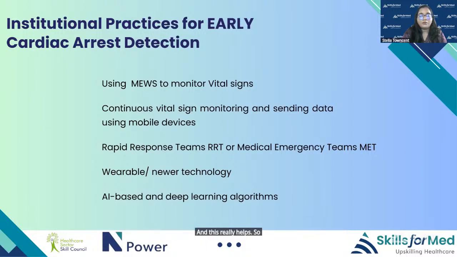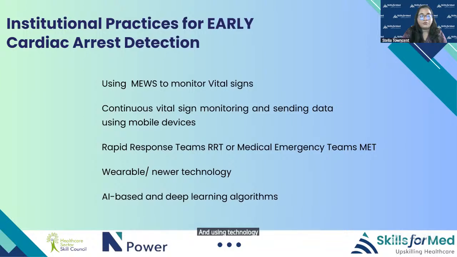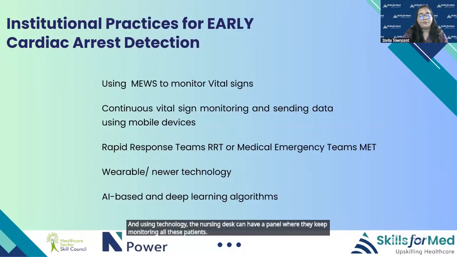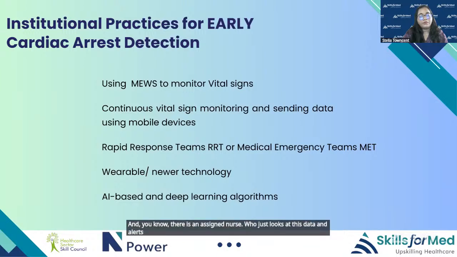By incorporating the modified early warning score into these systems and using technology, the nursing desk can have a panel where they keep monitoring all these patients, and an assigned nurse just looks at this data and alerts the doctor immediately.